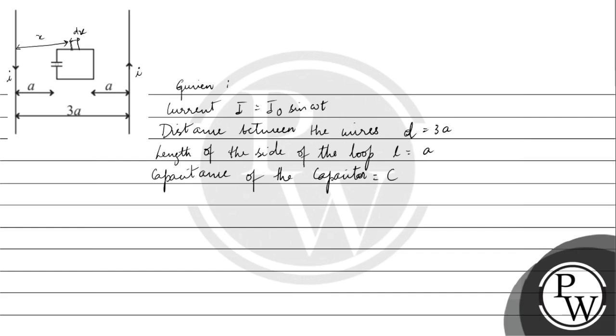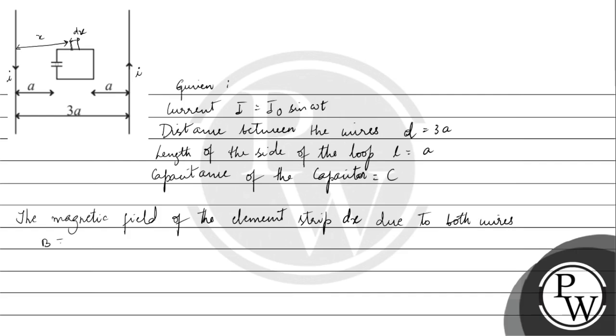तो अभी for an element strip of thickness dx which is at a distance x, so magnetic field is given as the magnetic field of the element strip dx due to both wires. तो हम इसको पहले कैलकुलेट करेंगे.